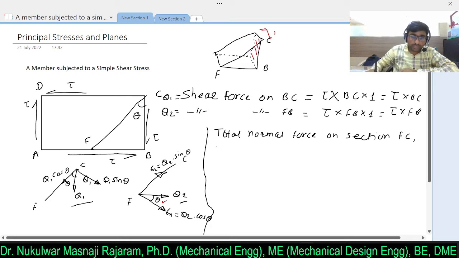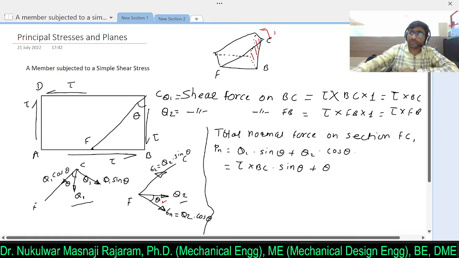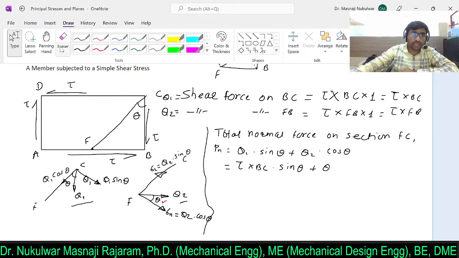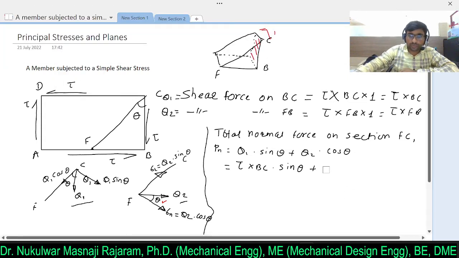So it will be Pn equal to Q1 into sin theta plus Q2 into cos theta. So what is Q1? Q1 is equal to tau into BC. So here I will write tau into BC into sin theta plus Q2. So instead of Q2, I will write the value of Q2.